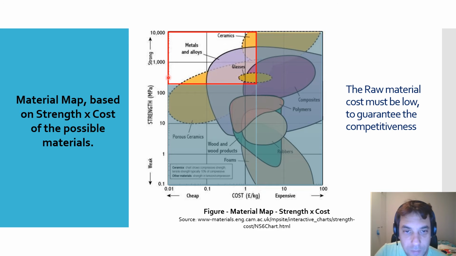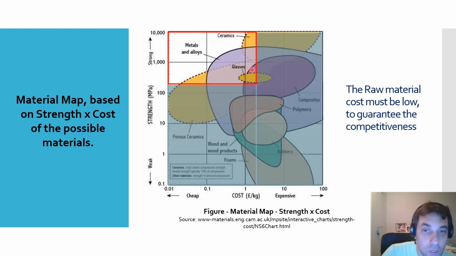So I highlighted this area here, and in this selection we could say that metal alloys are a good material for the blade, and also one part of the composite materials that comprehends this big circle here. One part of the composite we could also use as a selection of material for the blade, and also ceramics, let's say, could be one possible material in this sense.